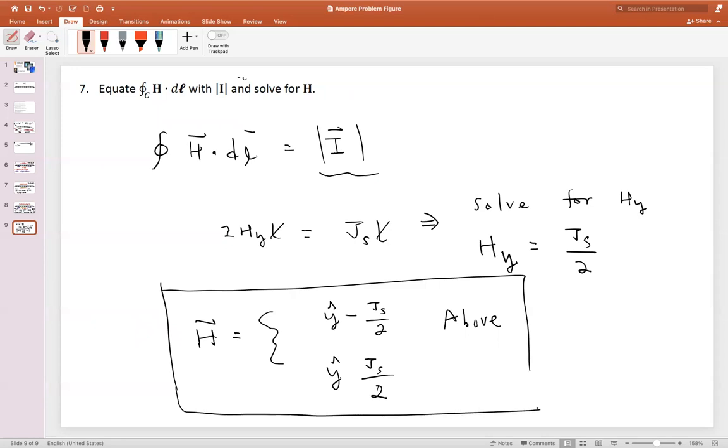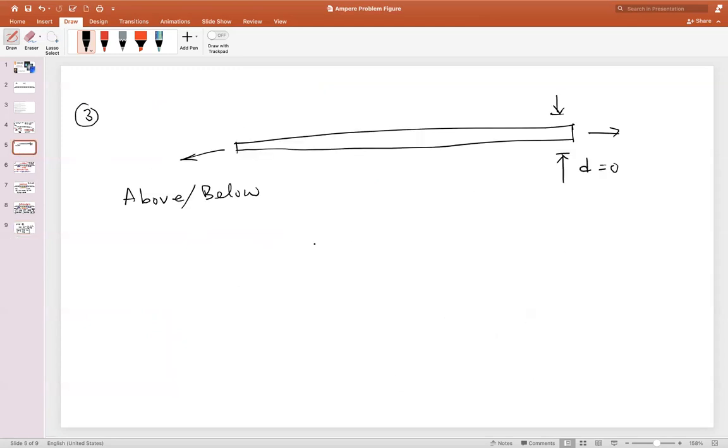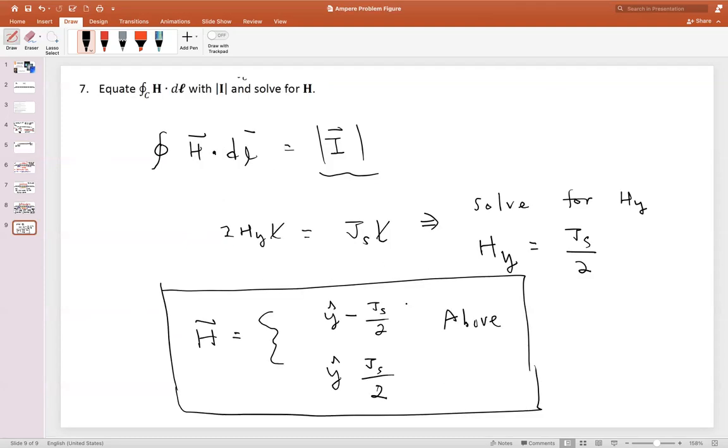And by following this set of instructions, or this cookbook, as you might call it, we have arrived at a total expression for the magnetic field in the two regions that we said we were interested in part 3, so above and below. So this is the final answer. One thing that you should know is, interestingly enough, this does not actually depend at all on how far away you are from the sheet of current.